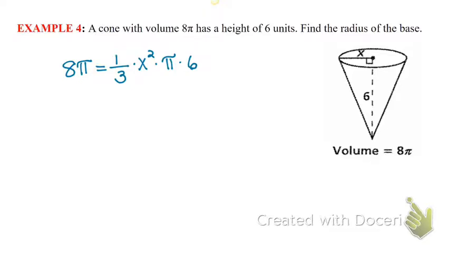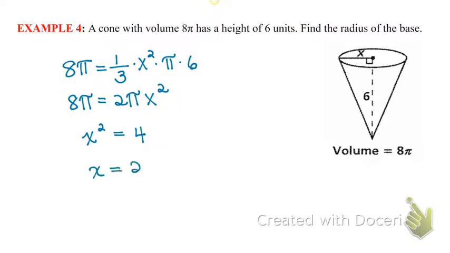So what we need to do with this equation is solve it for x, the radius. So 1/3 of 6 is 2, so 2 pi x squared. Divide both sides by 2 pi, and you get that x squared equals 4. So x is 2. 2 units is the length of this radius.